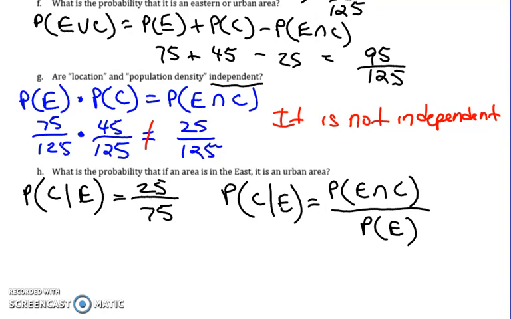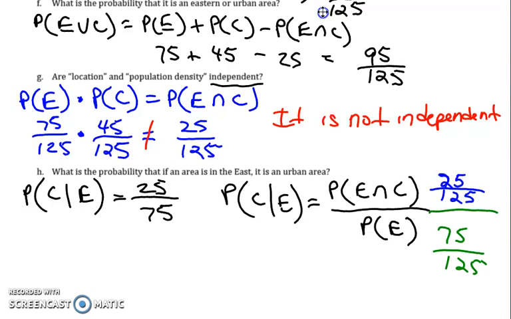Again, whatever your given is, that's what you're going to divide by. So we have two quotients, one being 25 over 125, and the other being 75 over 125.